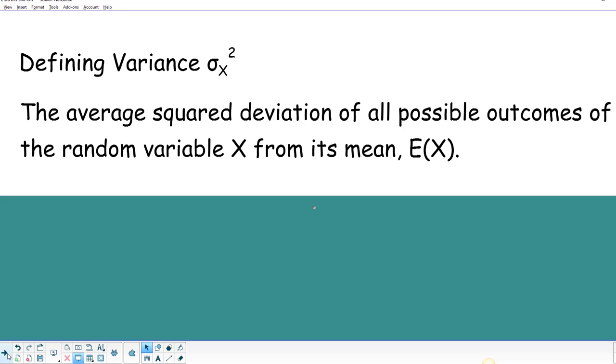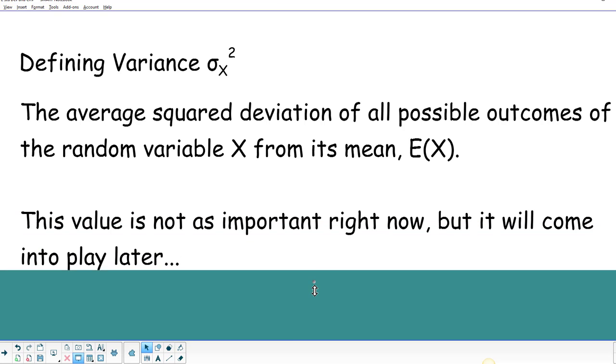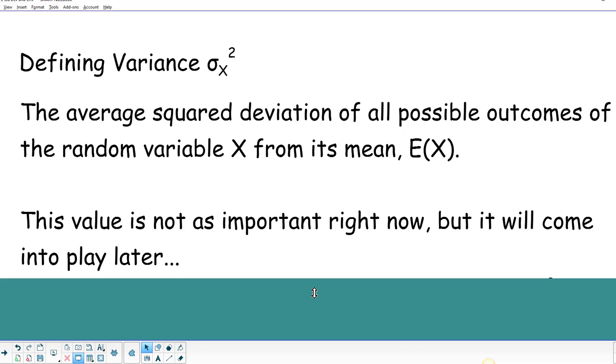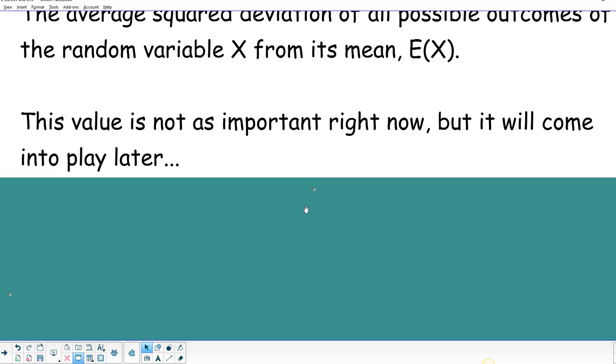It sounds like a mouthful and really confusing, and to be honest, it kind of is. We don't use it in interpretation all that much. The value itself isn't super important right now. It is a road to get to the standard deviation, but it will come into play with more significance later on, so we do at least need to remember what the variance is.